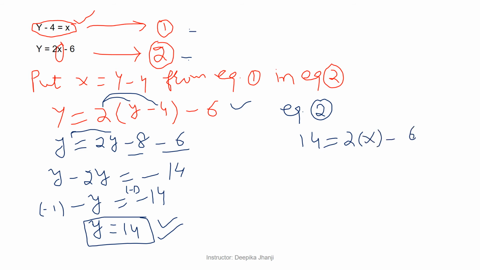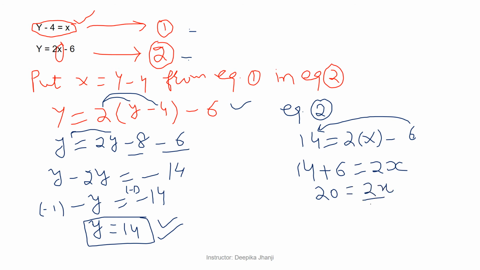This negative 6 combines with the constant 14. So this becomes 14 plus 6 equals 2x. 20 equals 2x. To get rid of 2, we divide both sides by 2. This 2 cancels with this 2 and x is equal to 10.